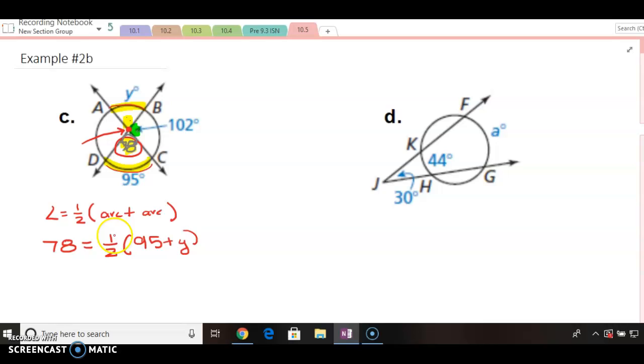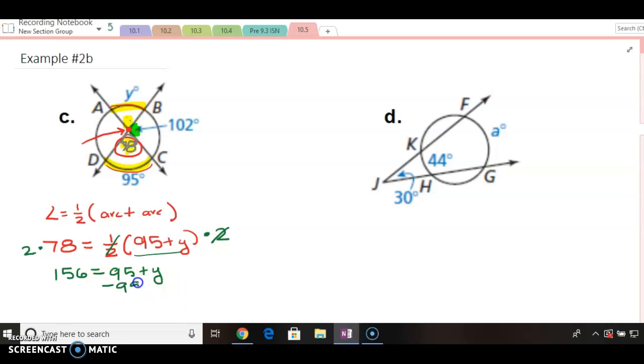Okay, now most of you guys are going to want to distribute this right away, which isn't wrong. You're just making your life a little bit harder. So rather than distribute it, let's multiply both sides by 2. Okay, and 1/2 times 2 is just 1, so those would cancel out. Okay, so 2 times 78 is 156 equals, you're just left with 95 plus y.